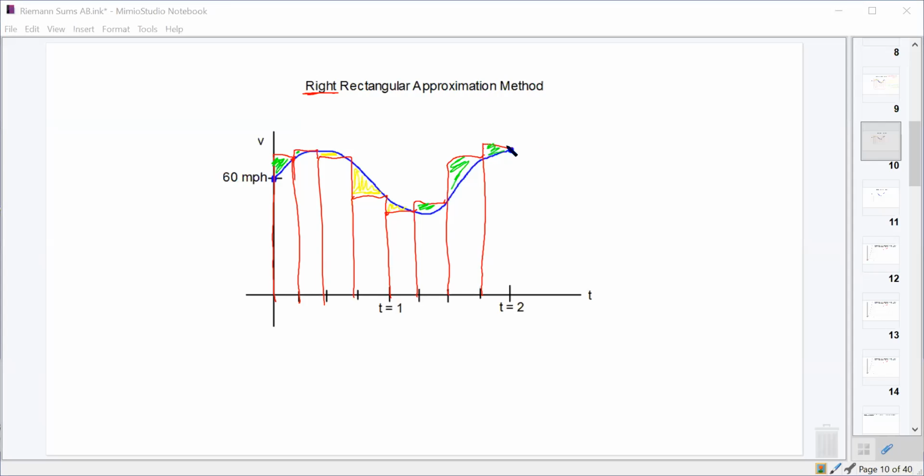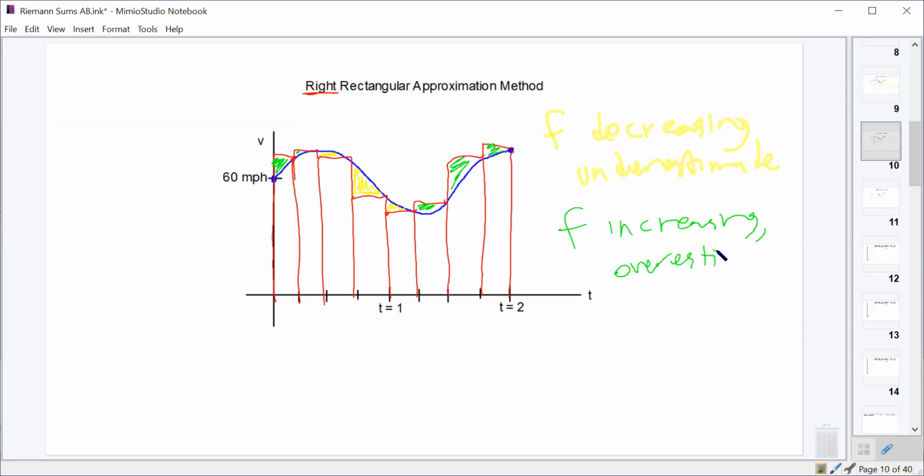And we might notice that when our function is decreasing, when f is decreasing, we get an underestimate for these. And when f is increasing, we get an overestimate. Good or no?